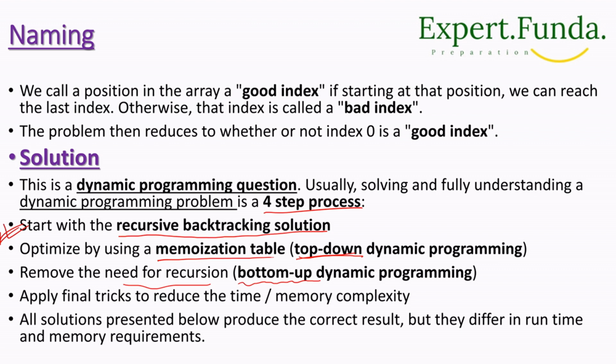So all solutions represented here produce the correct answer, but they are different in runtime and memory requirement, okay. So let's start the first approach, that is approach 1, backtracking.